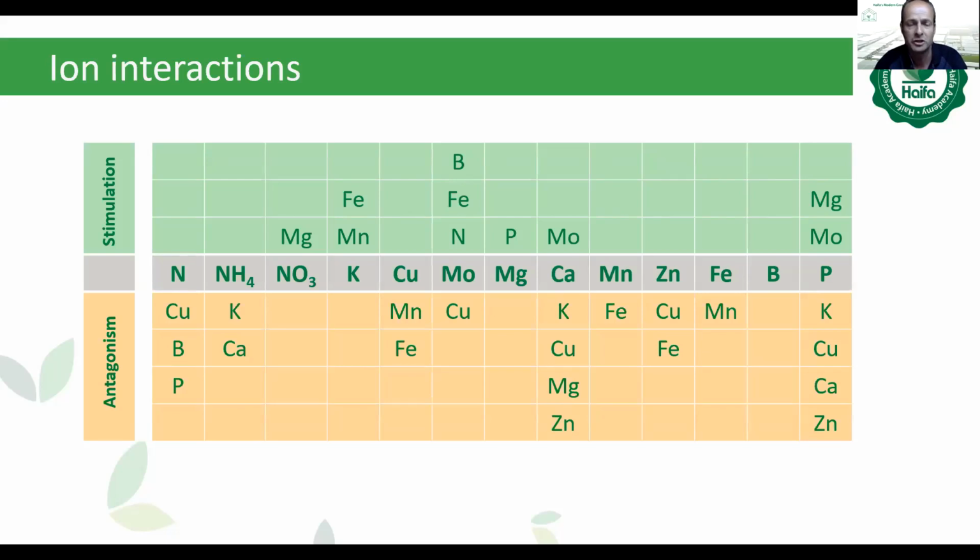In the middle, you see the gray line, and these are all elements in general that we are working with. If we bring too much of these gray elements, it has an effect on the elements below, where we are speaking about antagonism. So again, if we bring too much calcium, you see an effect on potassium, copper, magnesium, and zinc.